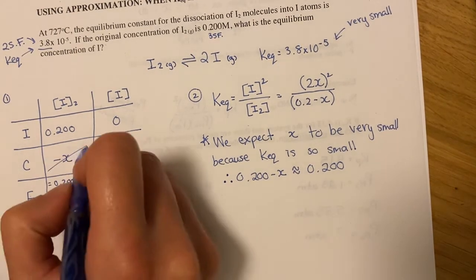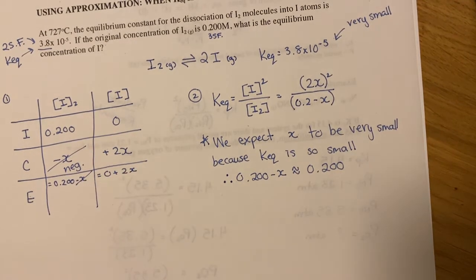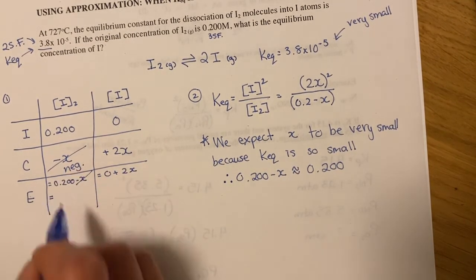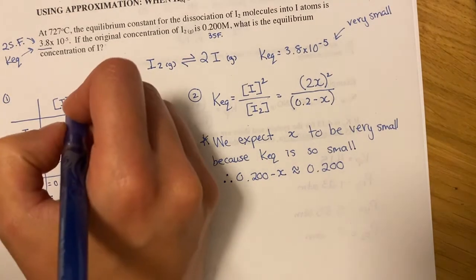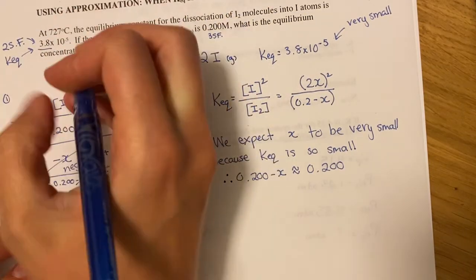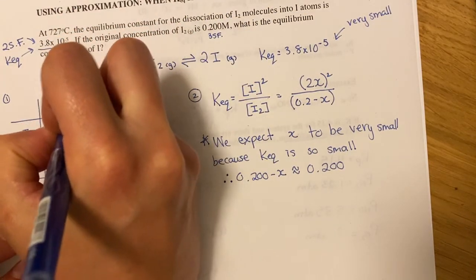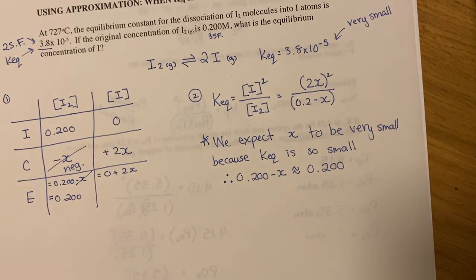So this is what we call negligible, which means that our equilibrium concentration of the I2, oh, that bracket should be on the other side of that. My apologies, I2, there we go, is equal to 0.200 in the end anyway, moles per liter.